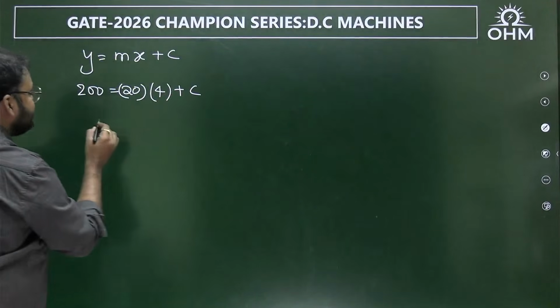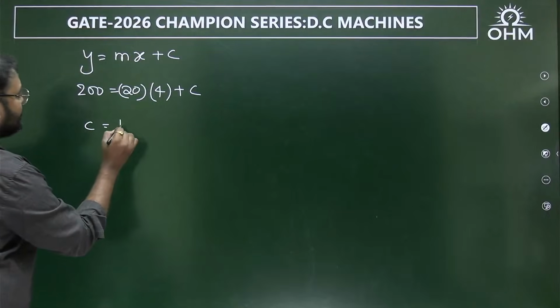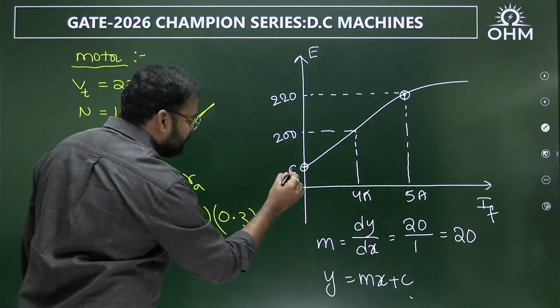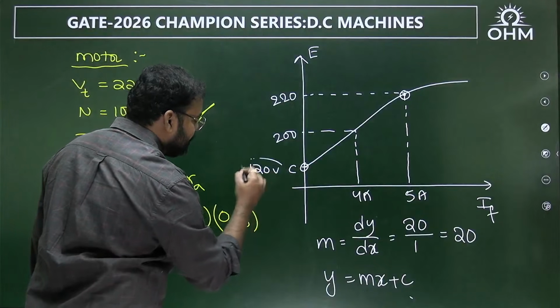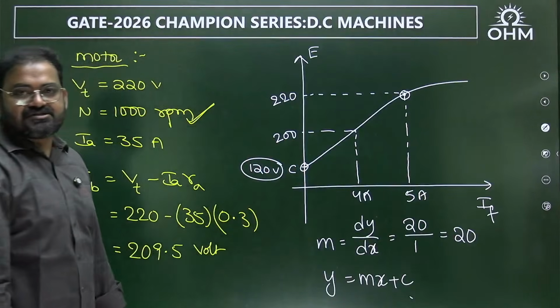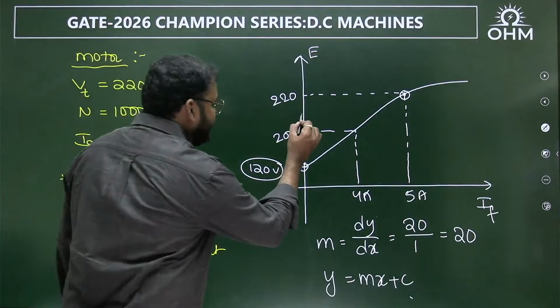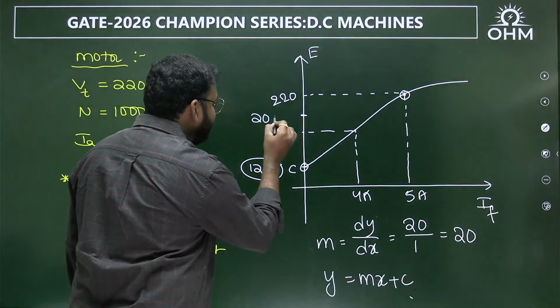That means what is c? Is it not 120 volt? Yes. Therefore, this is 120 volt, which is the voltage due to residual magnetism. Now, I need at what field current 209.5 will come?